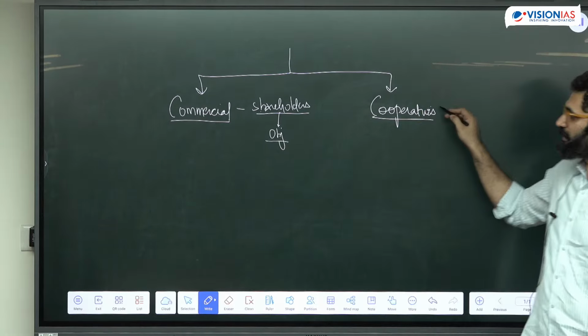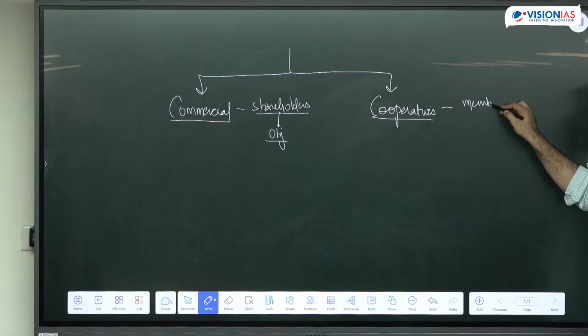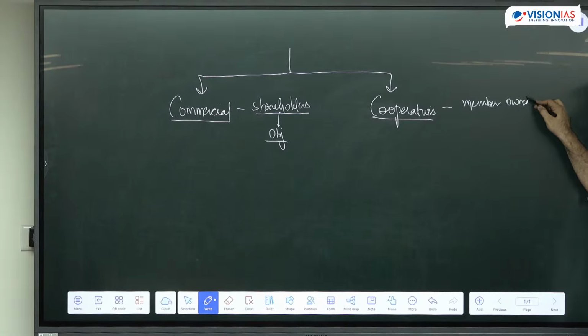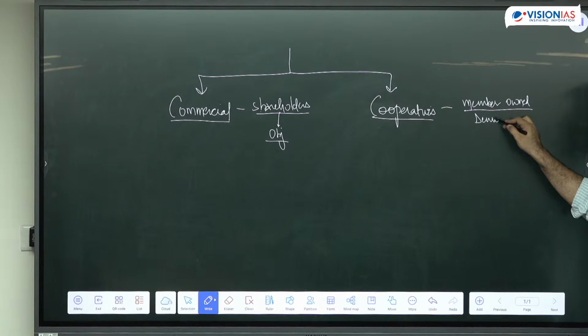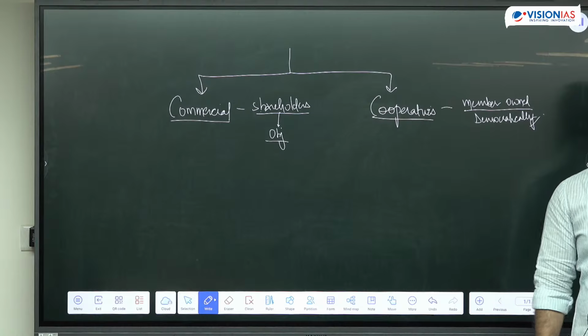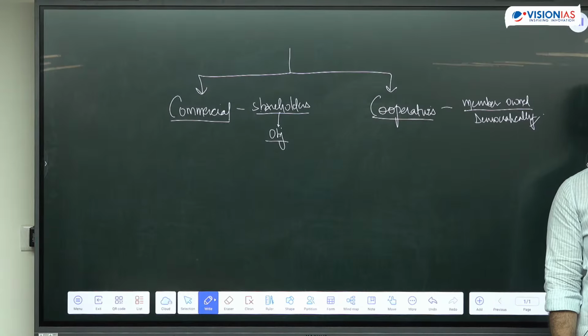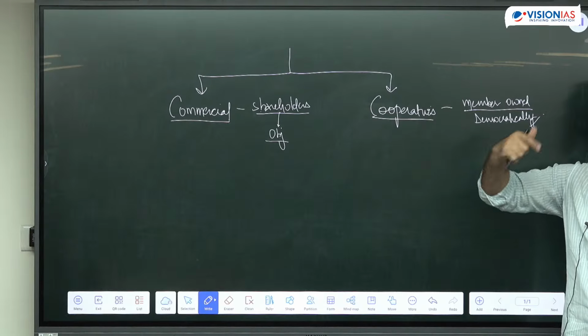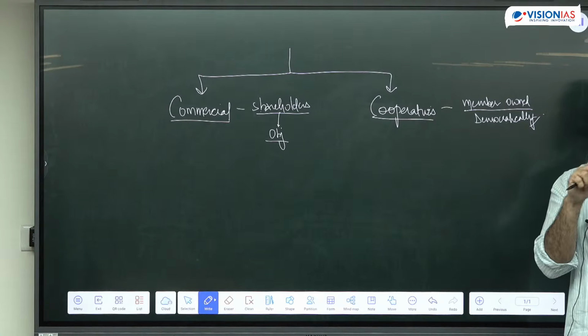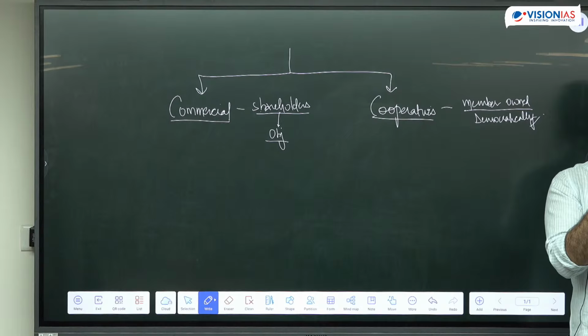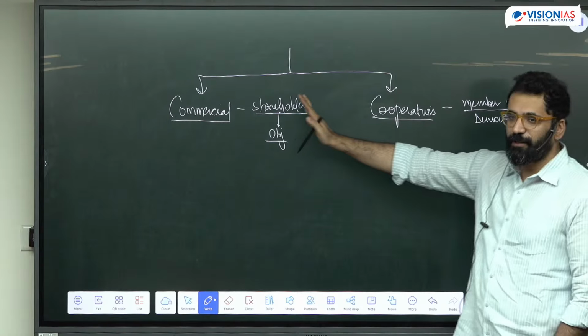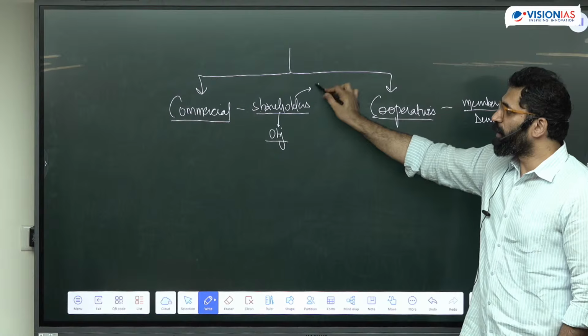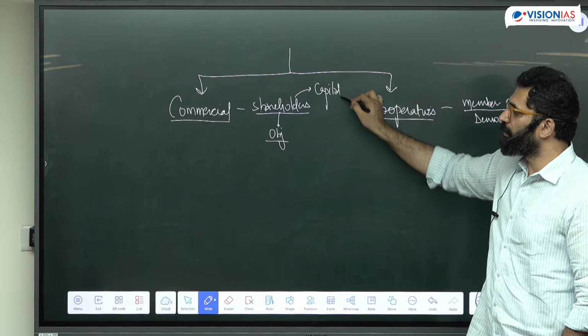Whereas cooperative banks are member-owned societies which are democratically managed. That means each member has one vote in the particular management of this particular structure. The idea was, since the commercial banks mostly have a profit motive, commercial banks can be owned by the government also. So there the objective will change. But management is decided by the shareholders depending on whatever is their contribution to the total capital.